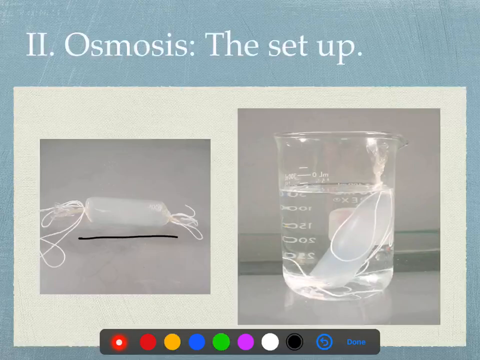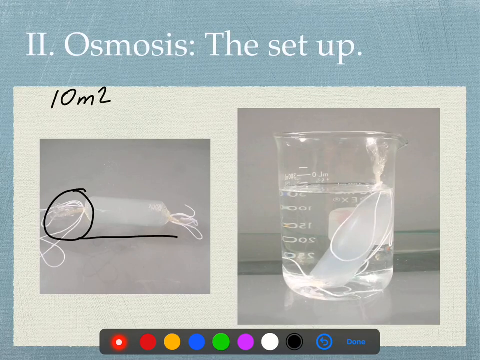So what you would have done is you would have taken a tube, and you would have sealed one end of the tube, left it open at the other end, and then poured in there a solution of like 10 milliliters of a specific concentration of sucrose.